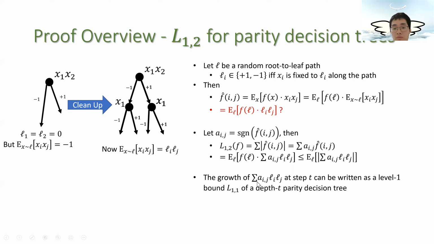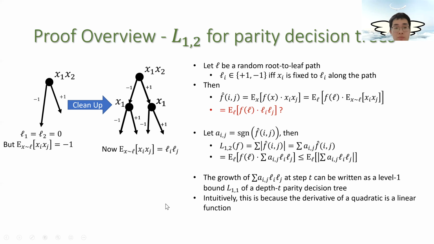The growth of the sum of aij times Li Lj at step t can be written as a level 1 bound of a depth t parity decision tree. Intuitively, this is because the derivative of a quadratic is a linear function, and the second level Fourier sum is a quadratic.